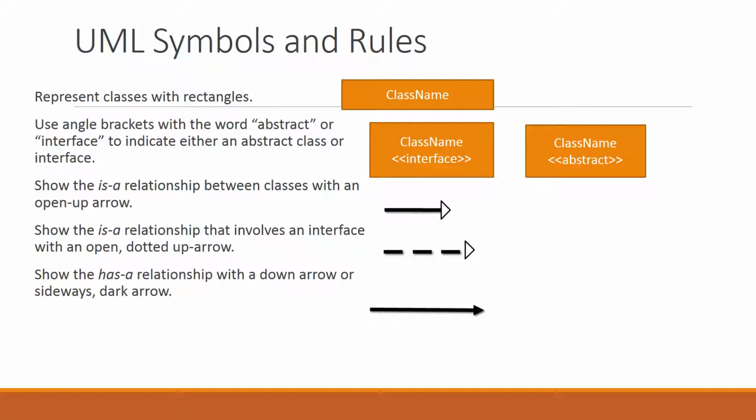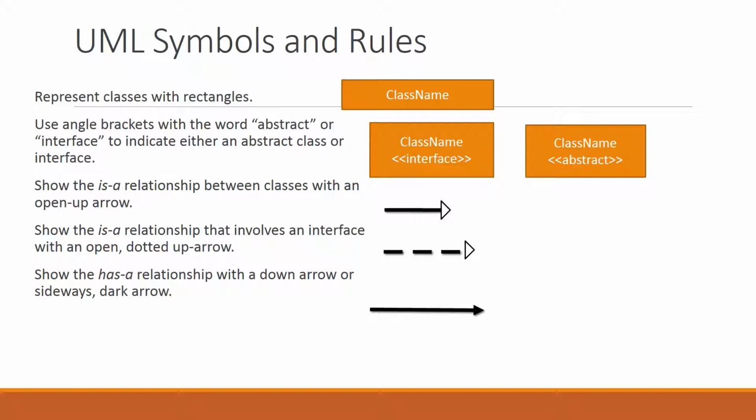This is where it gets tricky. If we want to show an is-a relationship between classes, then we use an open up arrow. So that means that the triangle is hollow and the arrow is pointing up, which you'll see on the next slide when I build our relationship here.